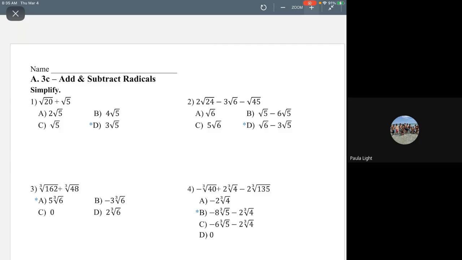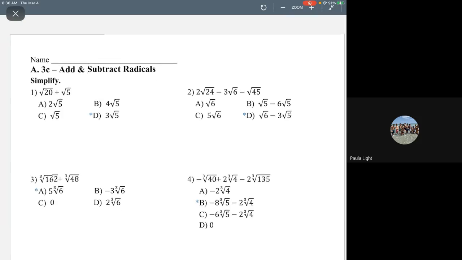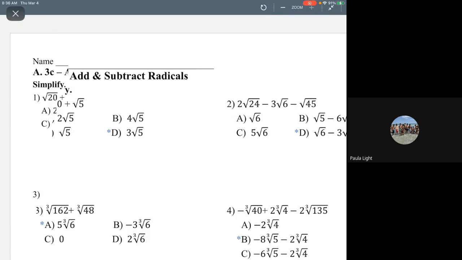Now, when you're thinking about these, there's no x or variable or anything like that, but what has to be the same is what's under the radical symbol. And as you can tell on number 2, those are not all the same, are they? You have to make them the same. So that means you have to simplify before you can figure out if you can add or subtract them.